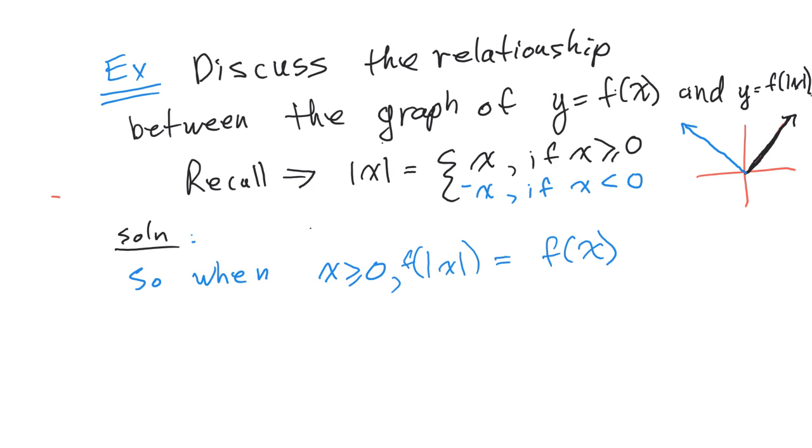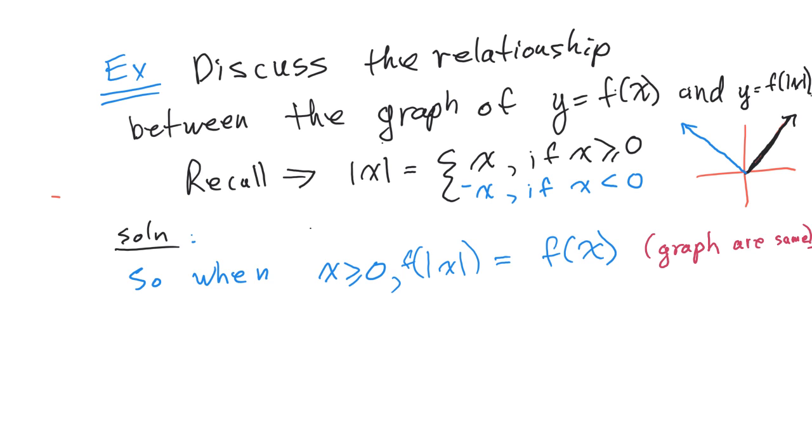So if you think about it, what's happening is we're using just this form in our function. That's all, okay? So the graph is the same. So if my original graph was y is equal to x squared, it would just look like it originally did.